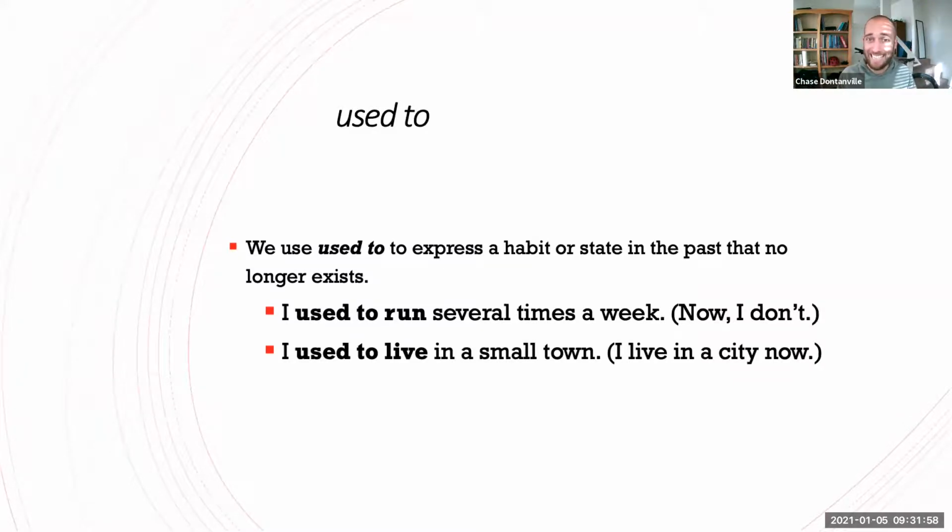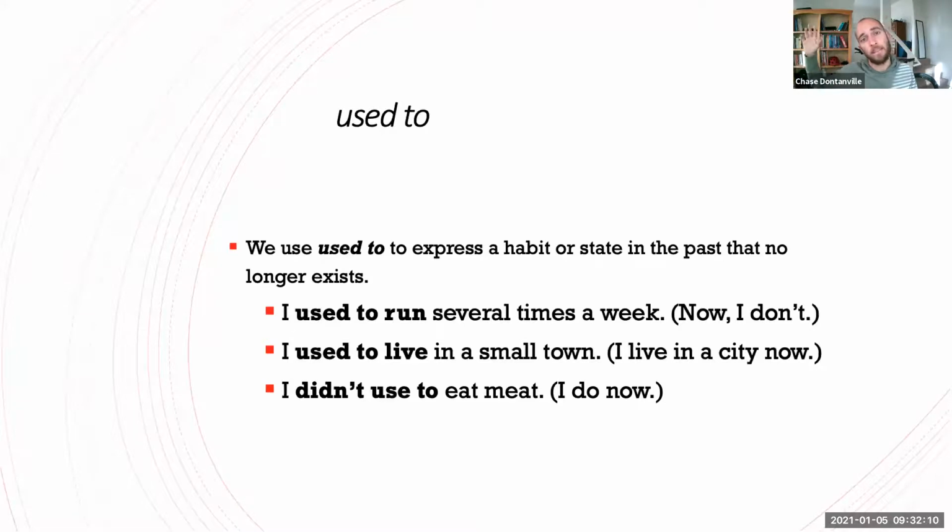I live in a city now. I didn't use to eat meat. I do now. So you see, used to plus the verb is used to talk about the past, but not one time in the past, something that was a habit or a routine in the past. I used to run, I used to live, I didn't use to eat meat, okay?